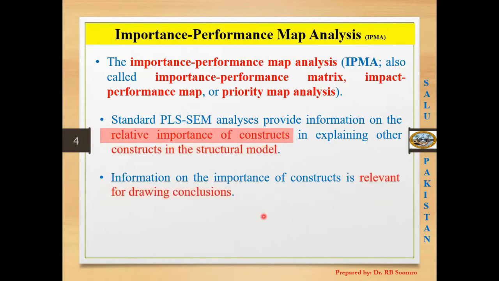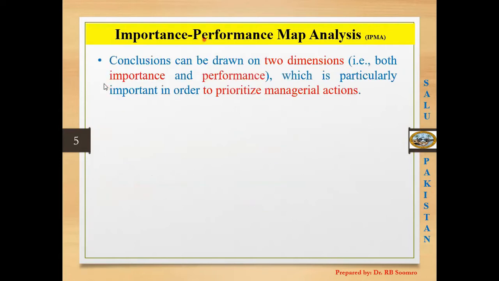In this regard, another thing is that conclusions can be drawn in 2 dimensions. These are importance and performance. Based on these 2 dimensions, we can conclude regarding the prioritization of our managerial actions.